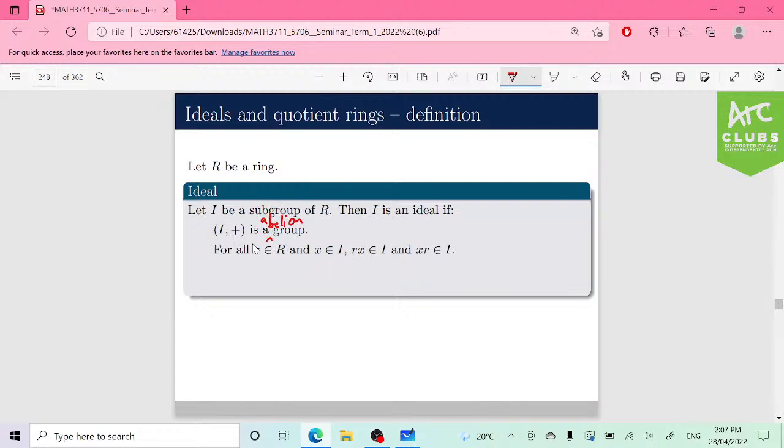So I plus is an abelian group, and then for every r in your ring and every x in your ideal, rx must belong in I and xr must belong in I as well. And if you have these two properties hold, then we call it an ideal.